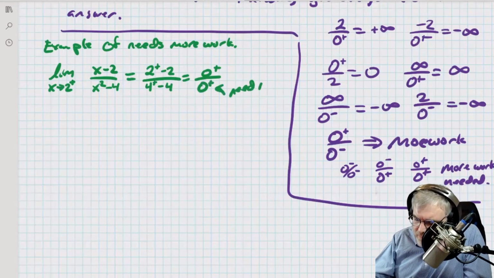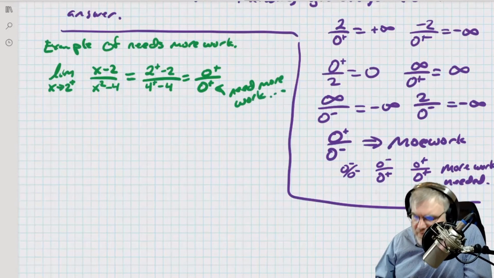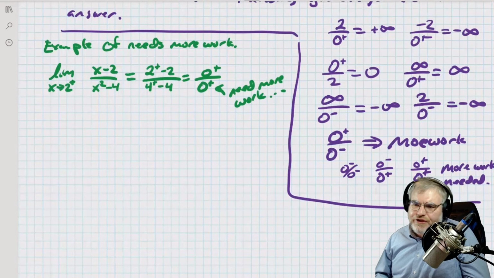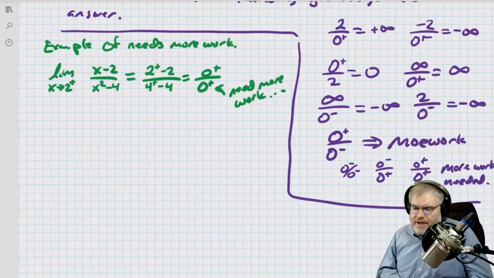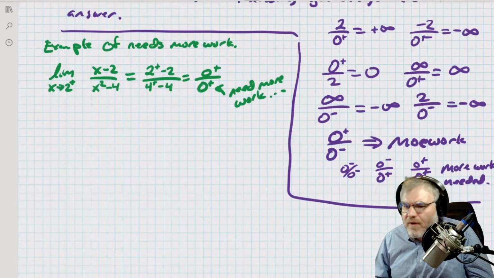Need more work. 0 plus over 0 plus is indeterminate. You have to do more work. Are there any questions?